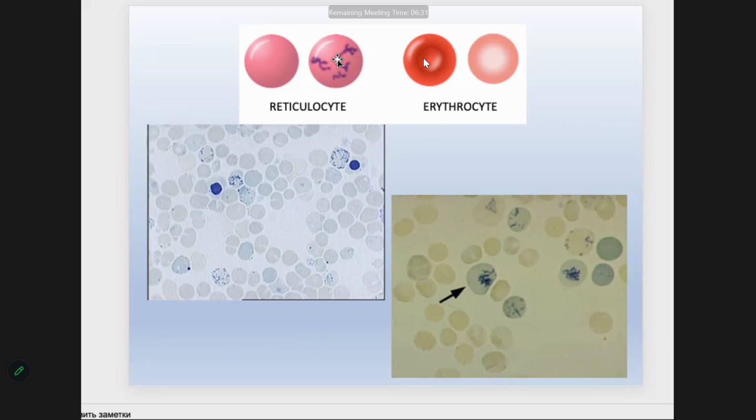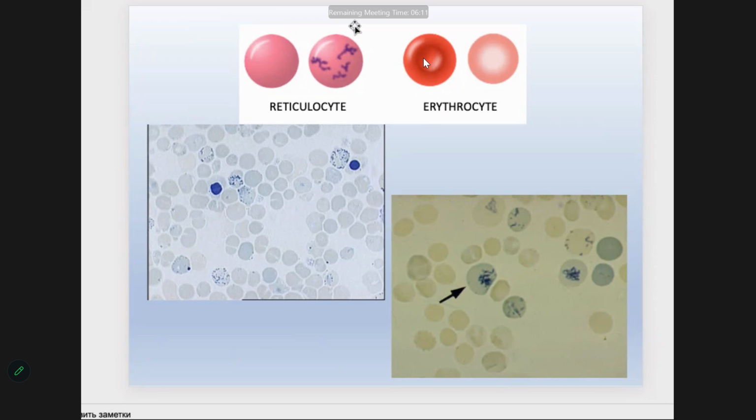In normal condition, in peripheral blood, we can see up to 1% reticulocytes in relation to the total number of erythrocytes.